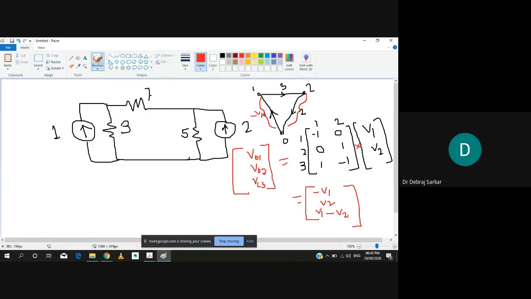Voltage across branch 2 is V2 and voltage across branch 3 is V1 minus V3. V2. Clear?